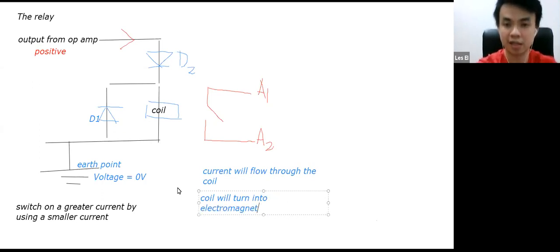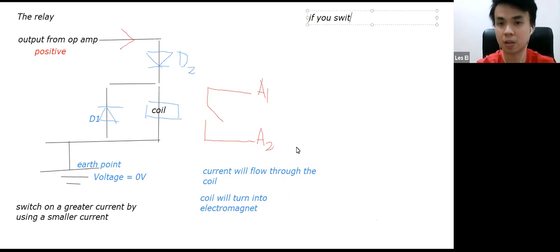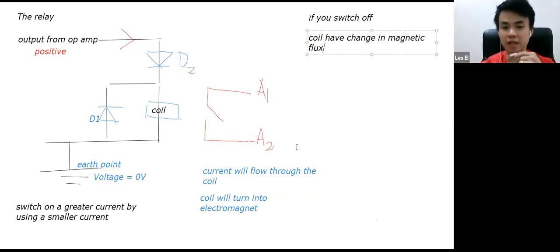But let's discuss further. If you switch it off, your coil will have a change in magnetic flux. For those who never took IGCSE, a change in magnetic flux means a change in the magnetic field strength.